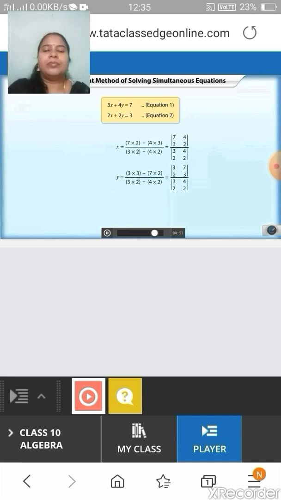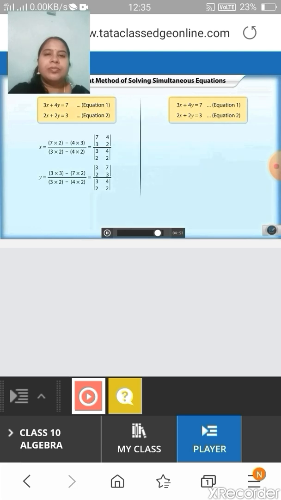Let's look at writing the values of x and y in the determinant form. Now that we have the determinant form for this particular example, let's see how it can be generalized.